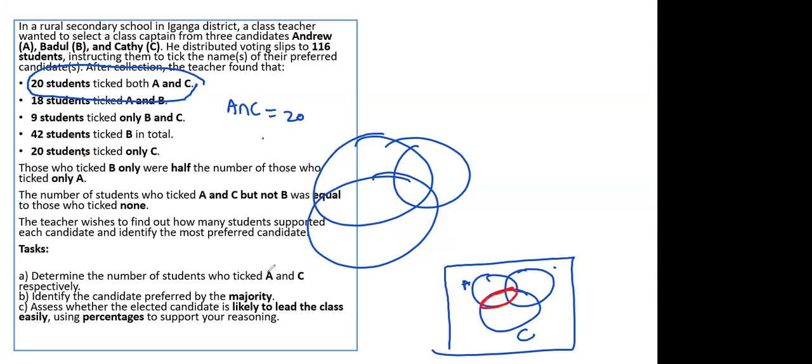That is A and C. But the region you are talking about is only here. I know that you have picked it now. Yes, I've got it. So that's why we subtracted.